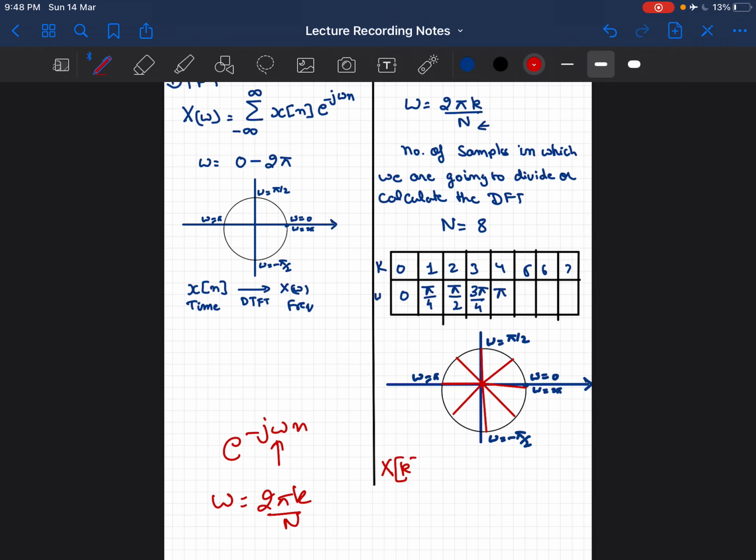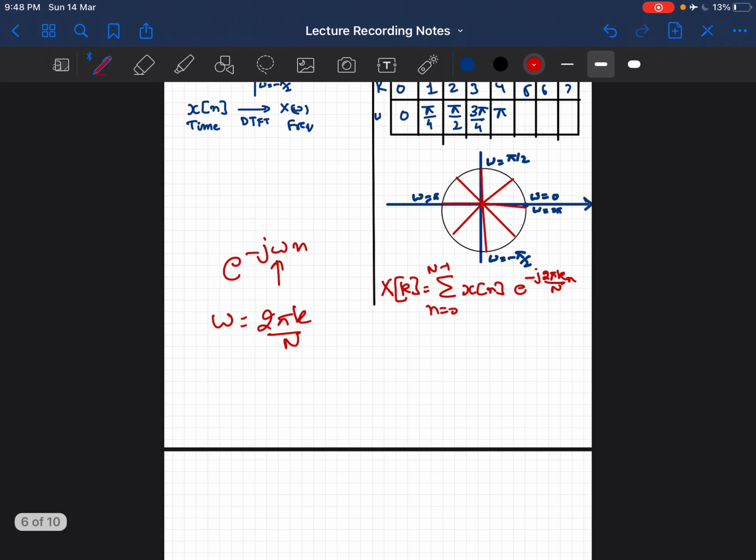X of k equals the sum of x of n e raised to the power minus j 2 pi kn by N.